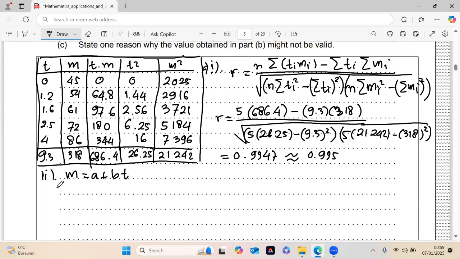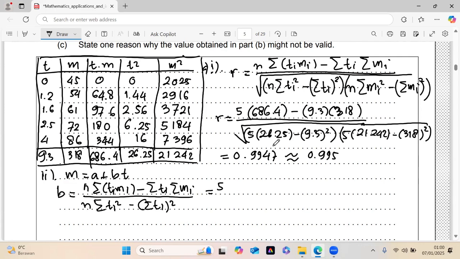So let's calculate B first with this formula: n times sigma TiMi minus sigma Ti sigma Mi, over n times sigma Ti squared minus (sigma Ti) squared.